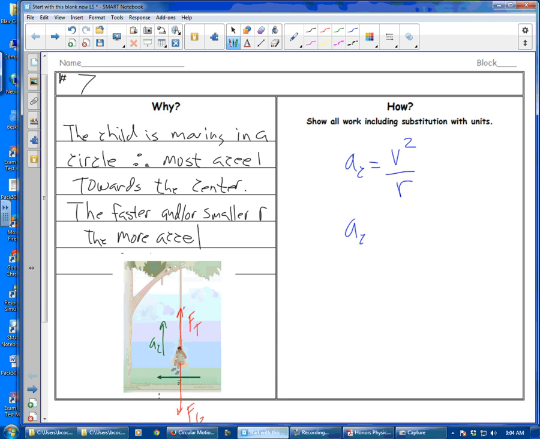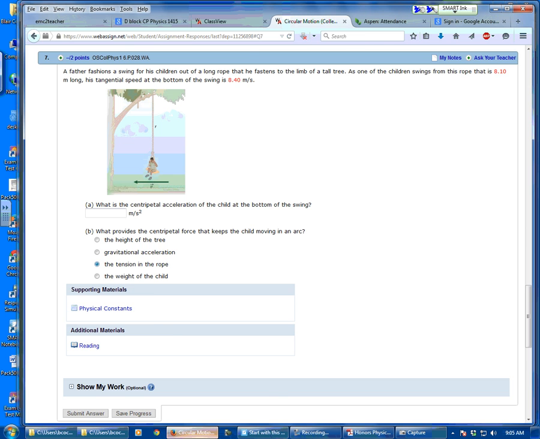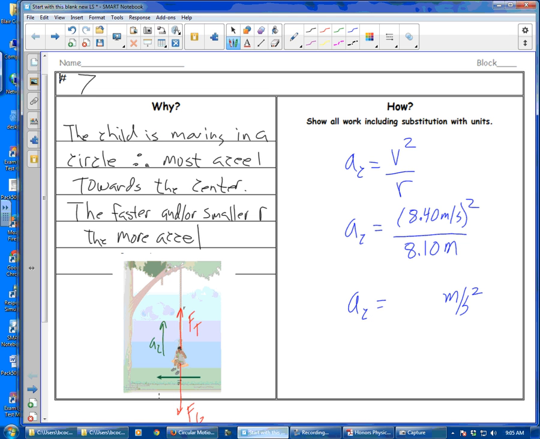So substituting in those, 8.40 meters per second squared over 8.10 meters, and do the math, and I'll come up with an answer in meters per second squared, which is, I think, the units that they wanted. All right. Most common math mistake will be to forget to square that top number.